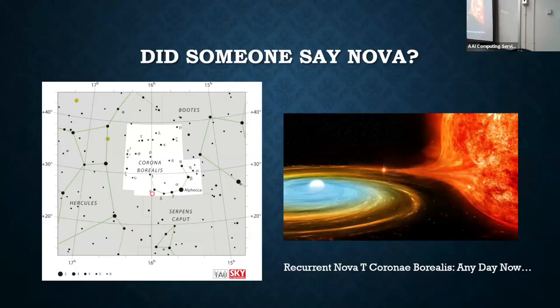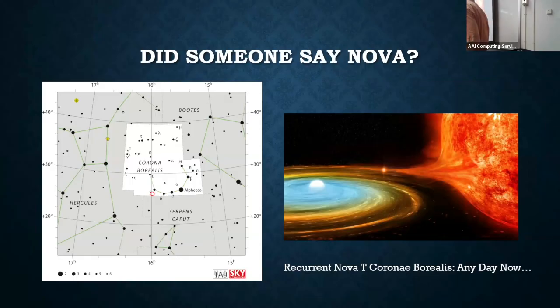The last 3 times it has gone off were all about 80 years apart, and we are now 80 years since the last time. So some of our members are diligently watching the skies to see what happens with T Corona Borealis. Unfortunately, it's late. But the problem is there's no actual reason to believe that periodicity is going to stay the same forever. So it might be 85 years this time, or whatever.